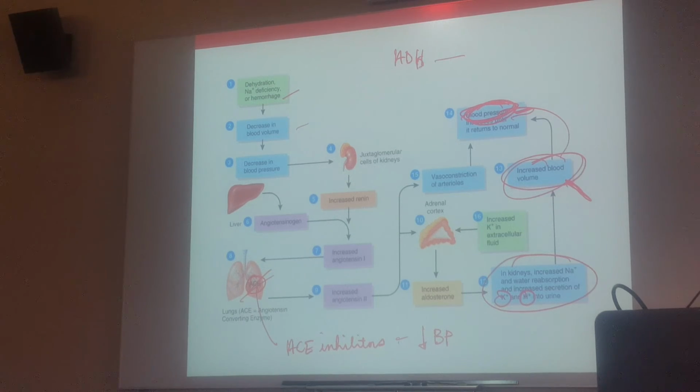A diuretic. What would a diuretic do? It increases urine output and decreases blood volume, decreasing blood pressure. So if you're hypertensive and let's say the ACE inhibitor isn't working as well, they may give you a diuretic in conjunction with it that makes you pee more to get rid of that blood volume, okay?